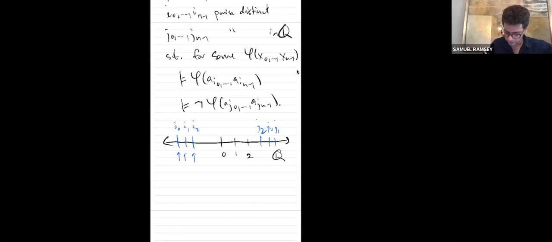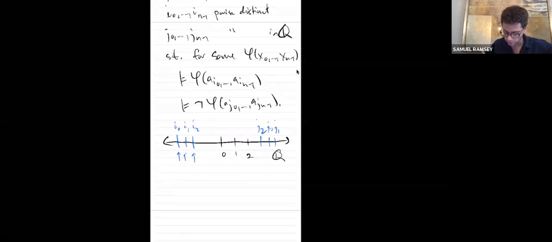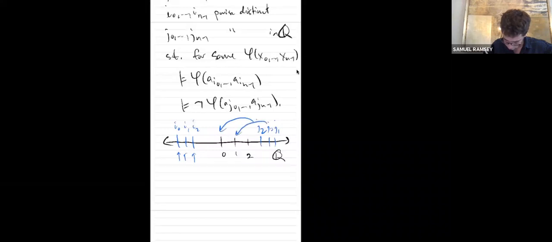And likewise, if I slid j_2 to 0, j_0 to 1, and j_1 to 2, like this, then the behavior would also be the same, because it's an indiscernible sequence. If I slide without switching the order in which I write the tuples along an indiscernible sequence, the truth values don't change.